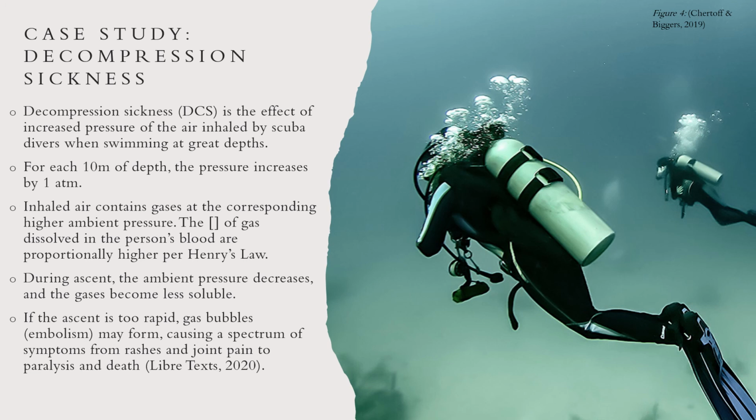To avoid DCS, divers must ascend from depths at relatively low speeds of 10 or 20 meters per minute. Otherwise, they can make several decompression stops, pausing for several minutes at given depths during the ascent. When these preventative measures are unsuccessful, divers with DCS are often provided hyperbaric oxygen therapy and pressurized vessels called decompression or recompression chambers.